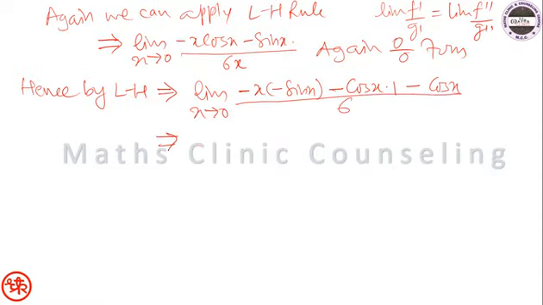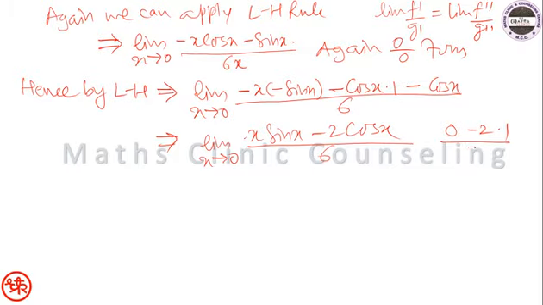So this implies limit x tends to 0 of (x sin x minus 2 cos x) divided by 6. If we put 0, the first term is 0, minus 2 into cos 0, which is 1, divided by 6.